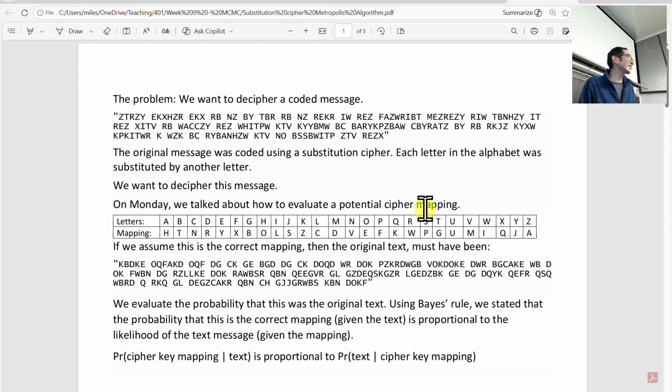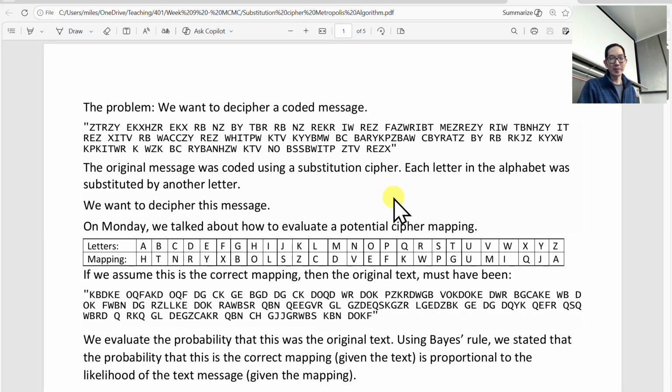Okay, but whenever they intercepted the messages, they were ciphered. Okay, and so they couldn't understand what it was that they intercepted, and so they wanted some help to try to decipher these things.